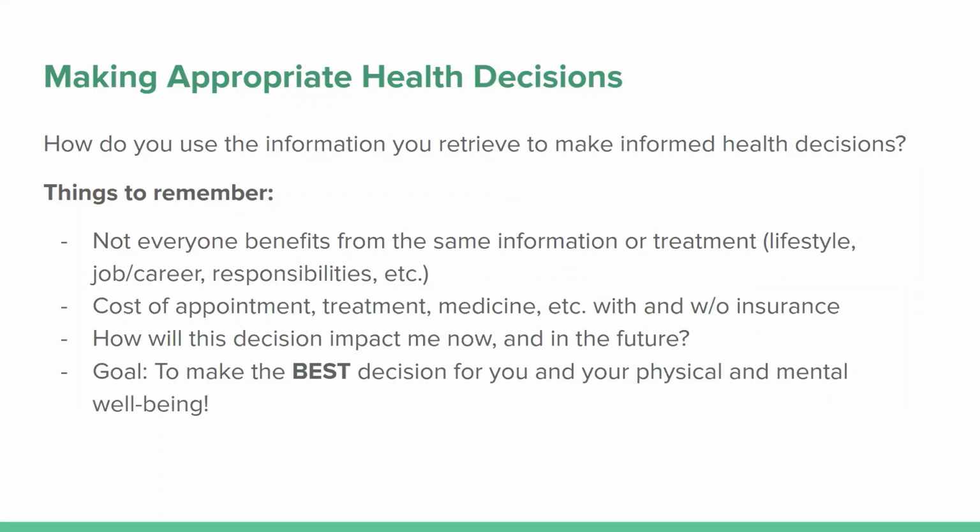Everyone has a different lifestyle or a job or different responsibilities that are going to impact the health decisions that they have to make, some for better, some for worse. Some people may live a very active lifestyle and have a very active job, and so their health decisions are going to be different from someone who does not. And that's just a lifestyle thing, and that's okay.